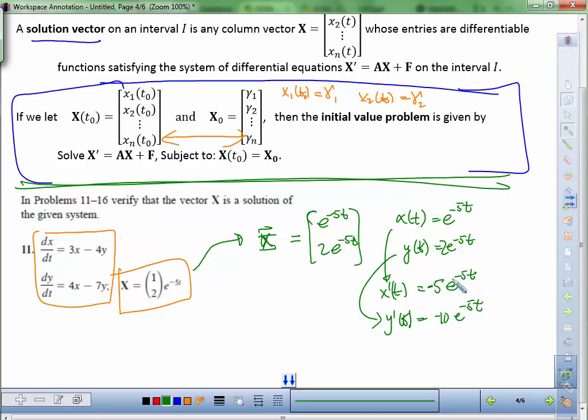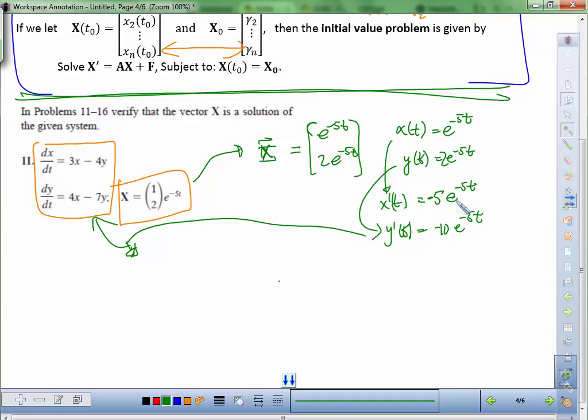So if we take these and plug them back into the system, we would then get x prime is minus 5 e to the minus 5t, and this is supposed to be equal to 3 times x, which is e to the minus 5t, minus 4 times y, which is 2 e to the minus 5t.